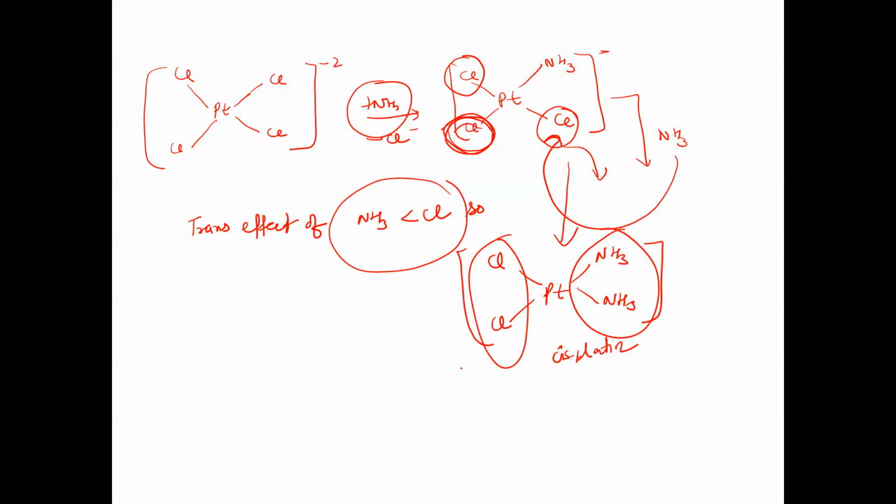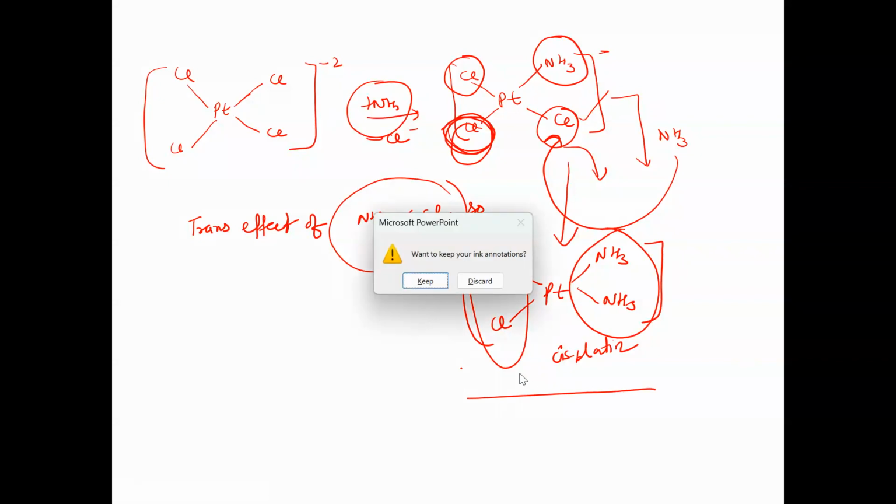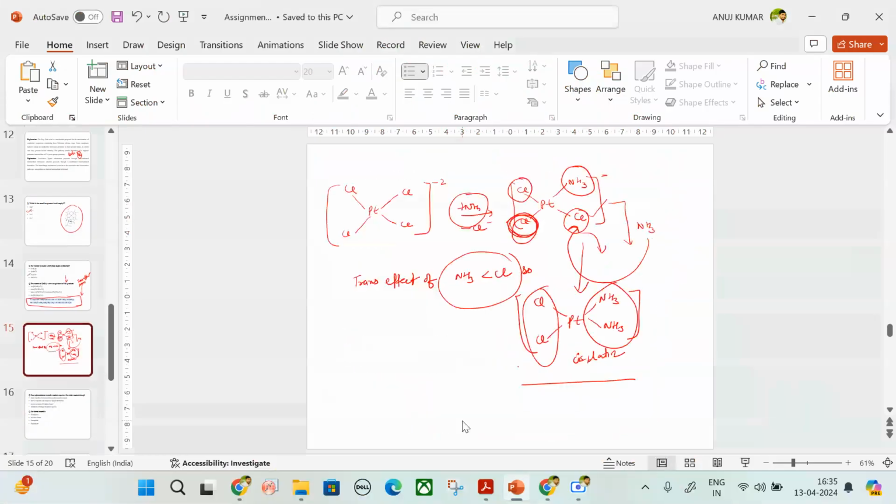So this group will not be departed because the trans effect of ammonia is less than chloride. That's why this group will be departed and ammonia will take its place, right? So the resultant product will be cisplatin.